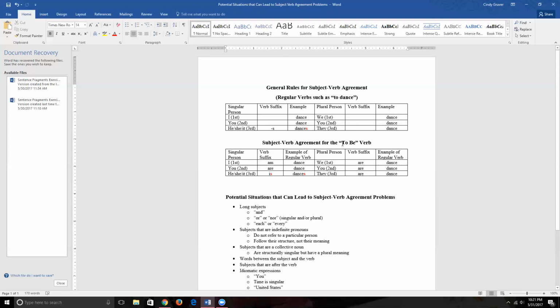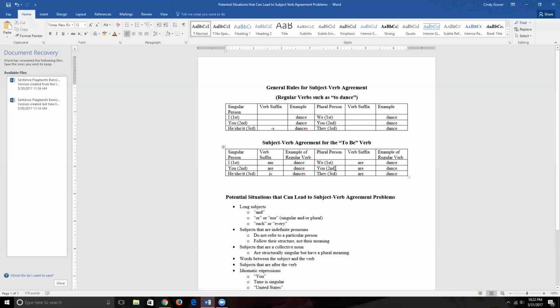Let's go through and look at the to be verb in English. We say I am, so first person singular is am. You are, second person singular is are. He is, third person singular is. And we can see here a little bit of a hint of what we saw up here, because is ends with an S, just like dances ends in an S. We have we are, which is the first person plural.